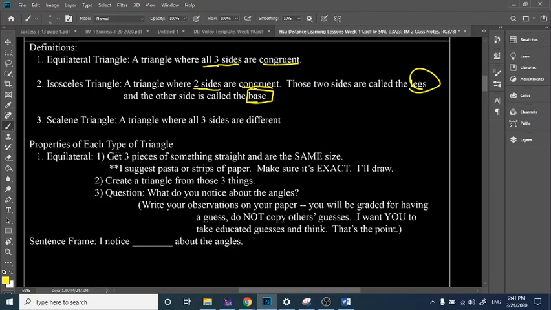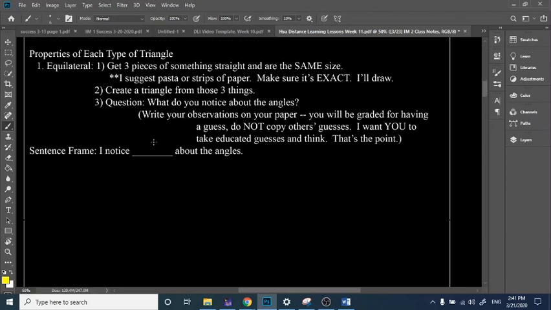All right, properties. So what we're going to do here is we're going to try to figure something out. Let's try to see, well, what happens when we do have everything the same. So I'm going to get 3 identical pieces like this.